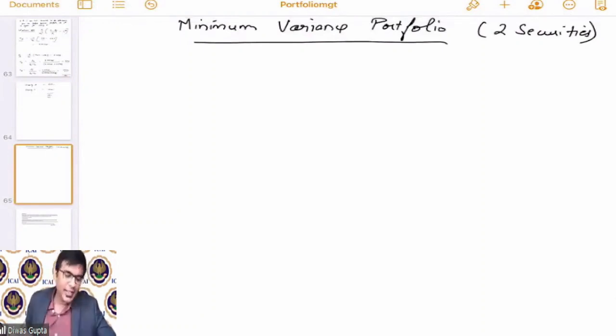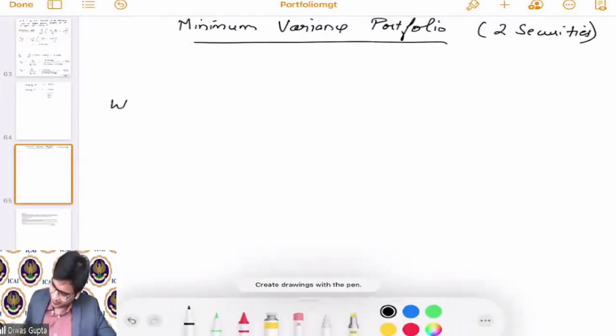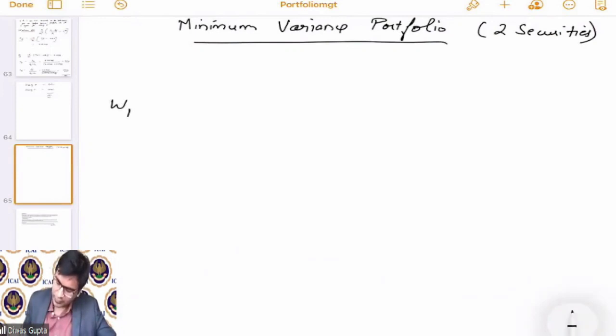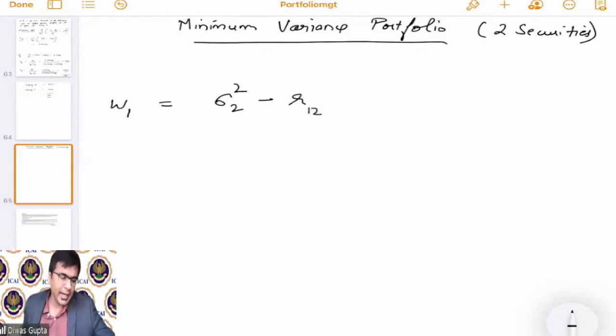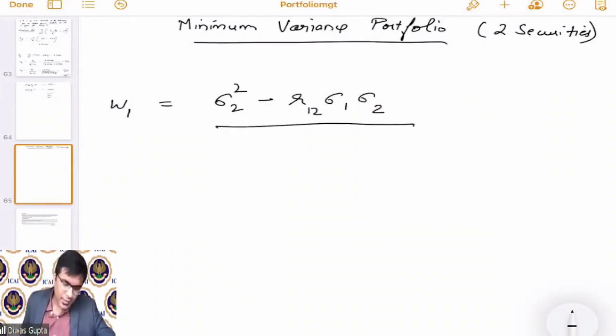So the minimum variance portfolio says that if you have to calculate the weight of security 1, the weight of security 1 is equal to standard deviation of security 2 square, which is the variance, minus R12, which is the correlation coefficient of 1 and 2, times standard deviation of 1, standard deviation of 2, divided by standard deviation of 1 square, which is the security for which you are going to calculate the weight.